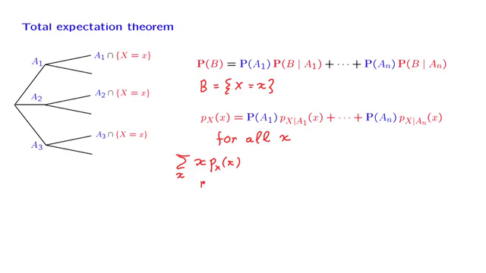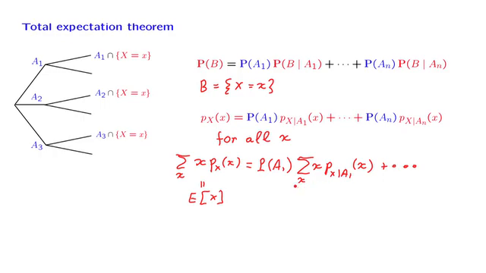We recognize that here we have the expected value of the random variable X. Now we do the same thing to the right-hand side. We multiply by x and then we sum over all possible values of x. This is going to be the first term, and then we will have similar terms.